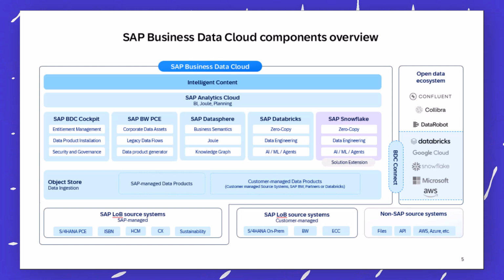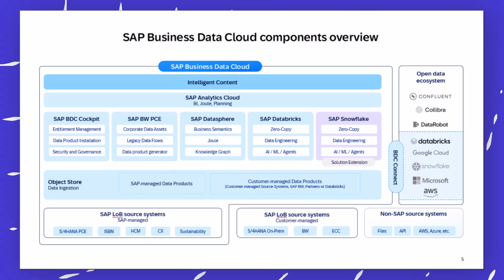SAP has also partnered with Snowflake. So we have a version of SAP Snowflake, which is again a zero copy mechanism meant for data warehousing or AI and ML workloads.